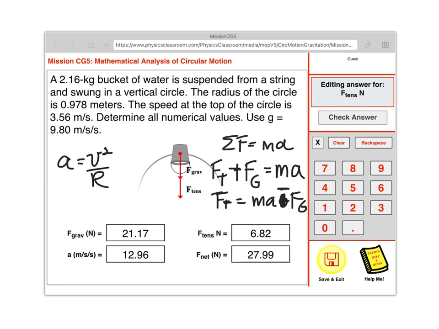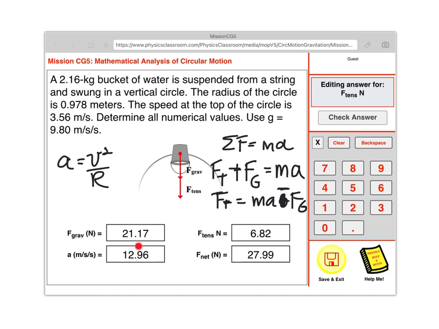The mass times g gives you the force of gravity. The acceleration is calculated by v squared over r, and then the net force will be the mass times the acceleration.